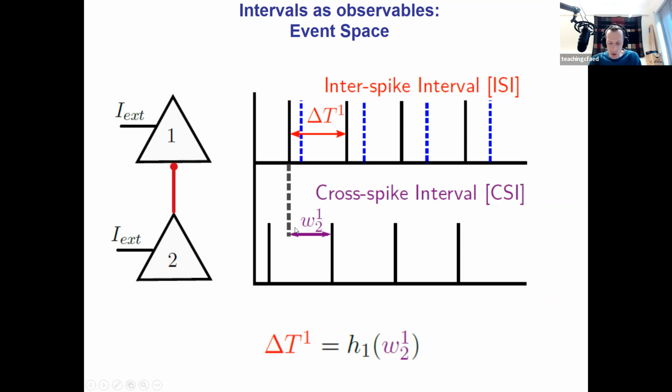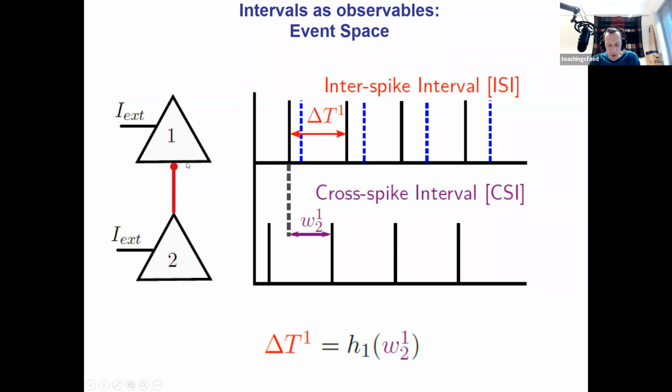Then there's what we call cross spike intervals. It's the difference in timing between an event of neuron 1 and an event of neuron 2, or in general, any 2 neurons, and you measure the spike time difference. The assumption here, for this simple system of 2, is that the interspike interval delta t of that neuron is a function of the cross spike interval.